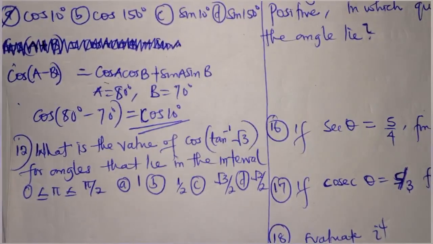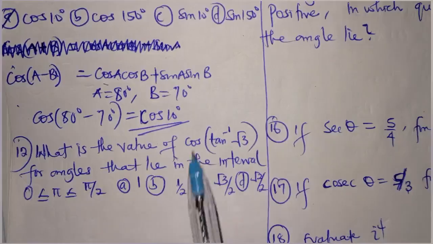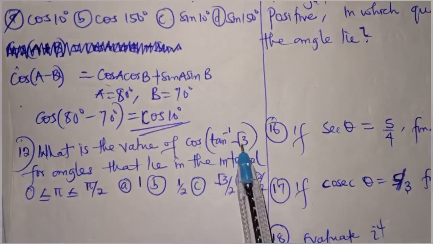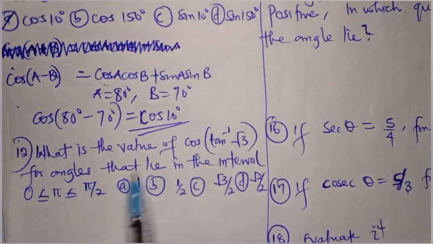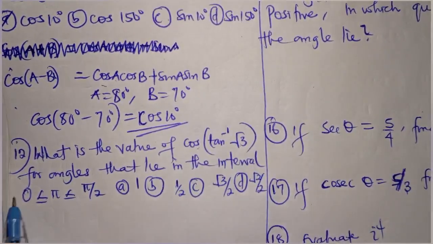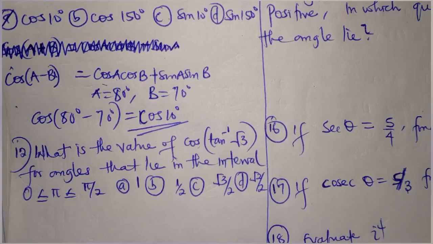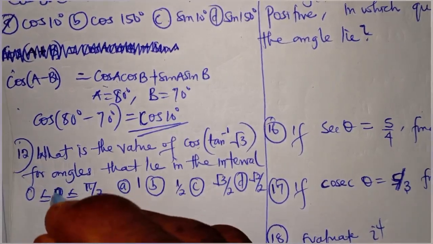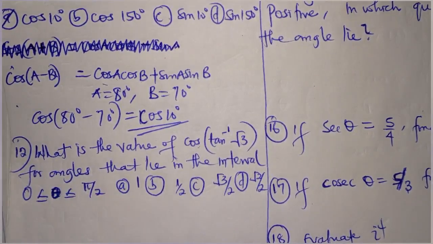Question 12. What is the value of the cosine of the inverse tangent of root 3, cos tan inverse of root 3, for angles that lie in the interval 0 less than or equal to theta, and theta is less than or equal to pi over 2.